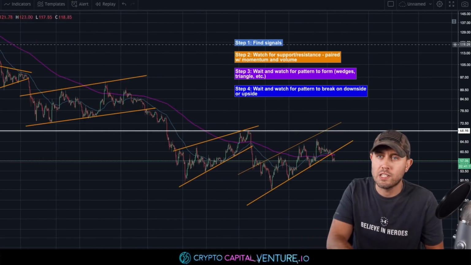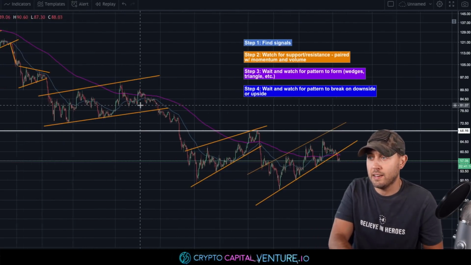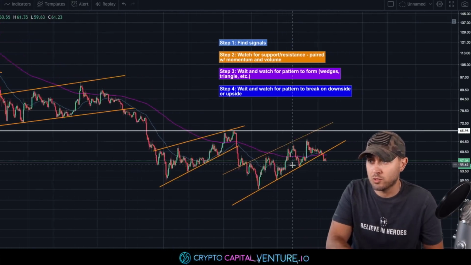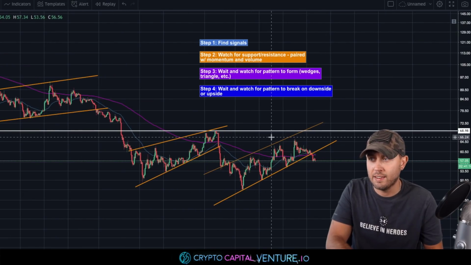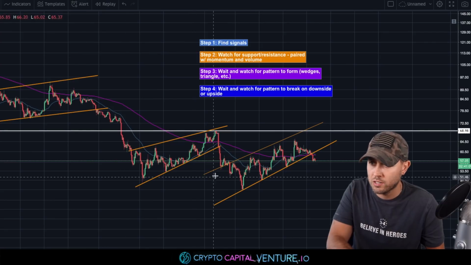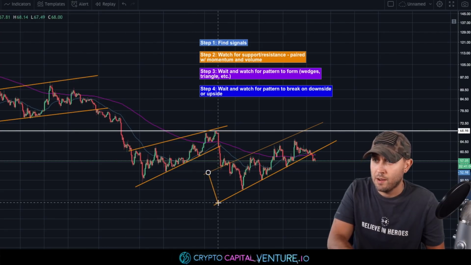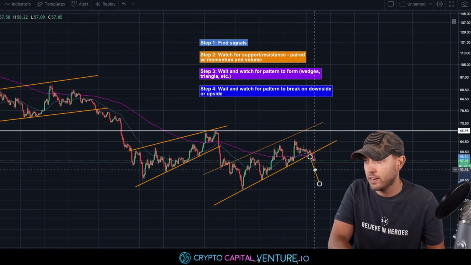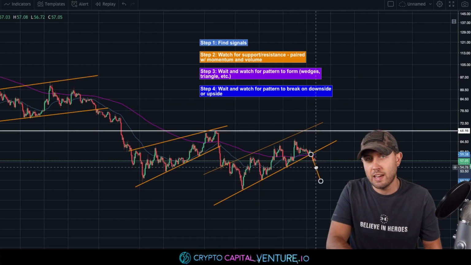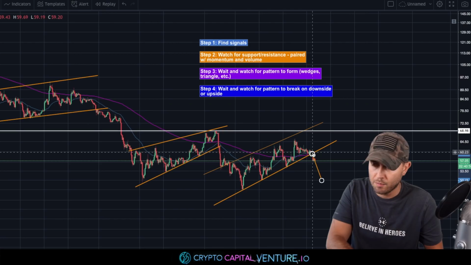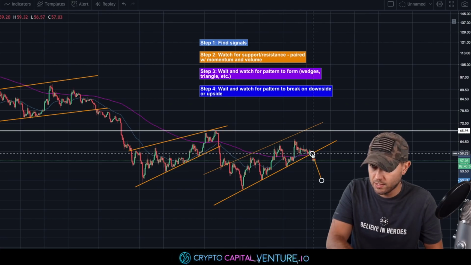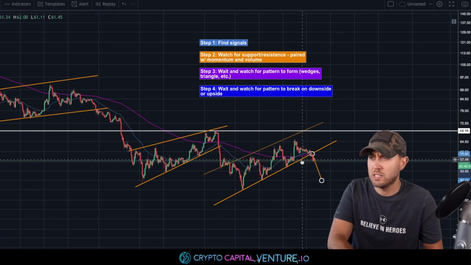So right now you can see Litecoin most recently breaking out of the bottom of this wedge again. And what we do is we measure the distance of this wedge, and we get an idea of what our target is. So the other day it was around $48. Since we're right at the bottom of this wedge, we're up a little bit from where the bottom was the other day.